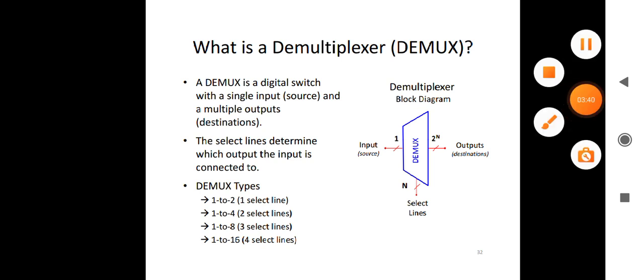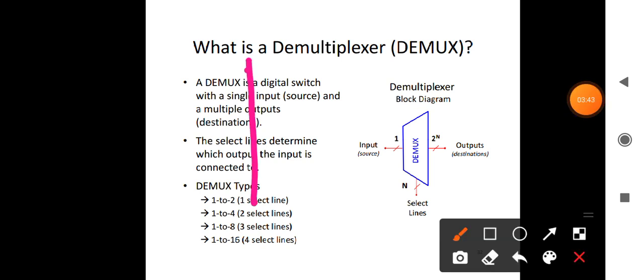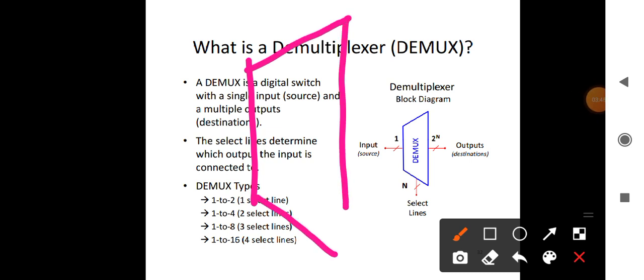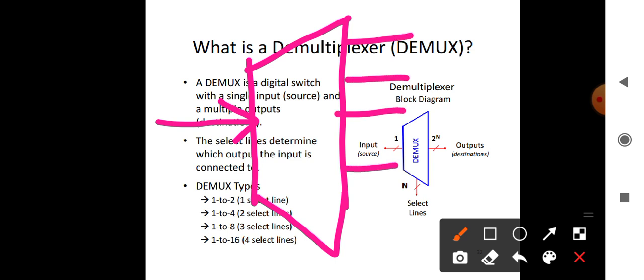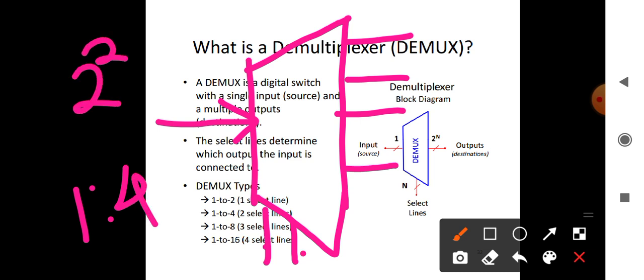We can see the demultiplexer has different outputs, say 4 outputs, and we are having two selector inputs, that is 1 is to 4, where 2 raised to 2, that is 2 selector switches and 4 outputs. So here we have 2 selector switches, this is the input and these are the outputs.